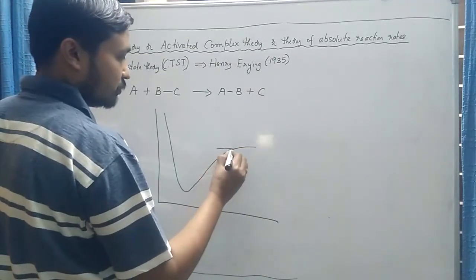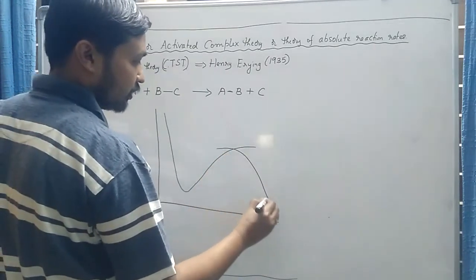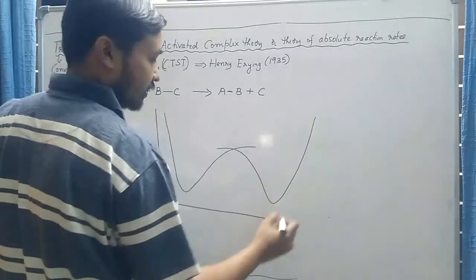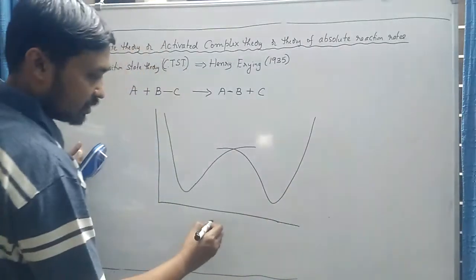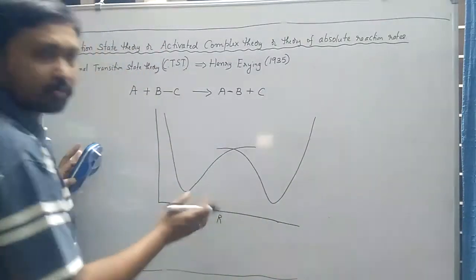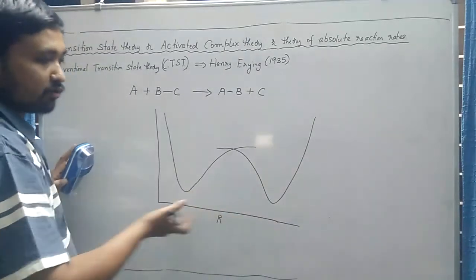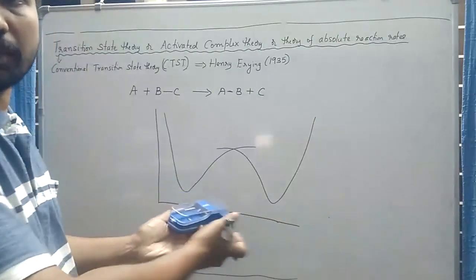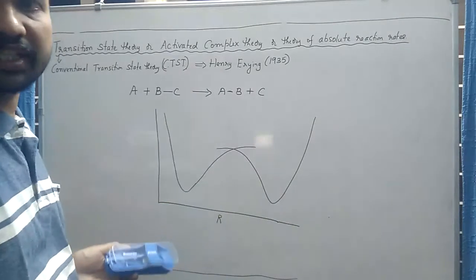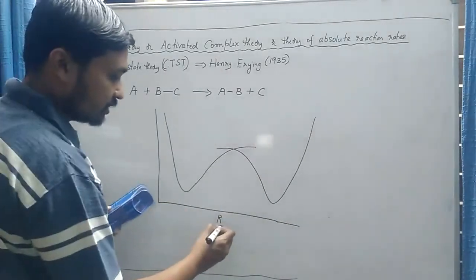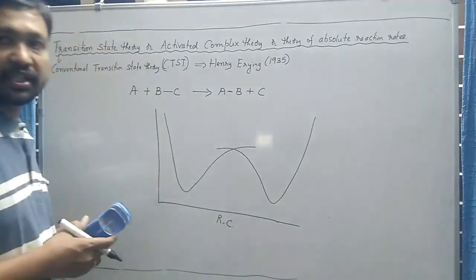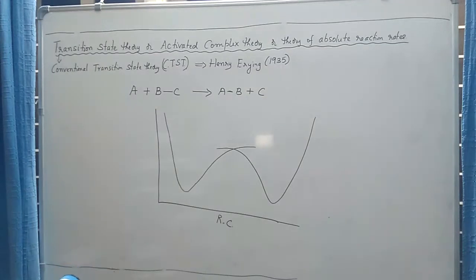Here I am overlapping the potential energy diagram for the product. It will be something like this. Because I have overlapped the x-axis of both potential energy diagrams, I will take it as the reaction coordinate. Here the reaction coordinate is some type of bond between two atoms, which keeps on changing during the chemical reaction.